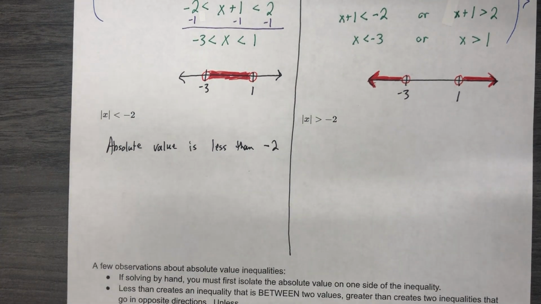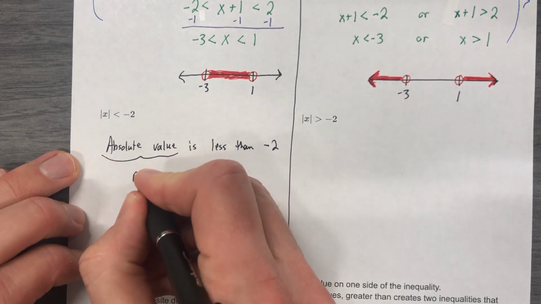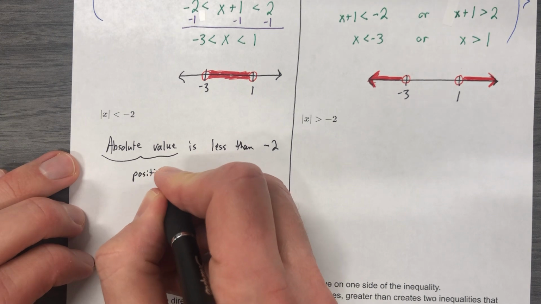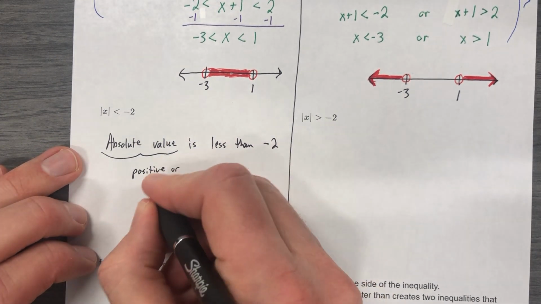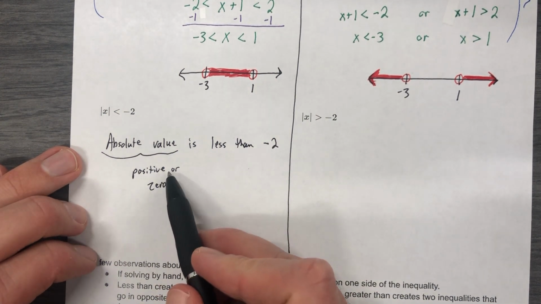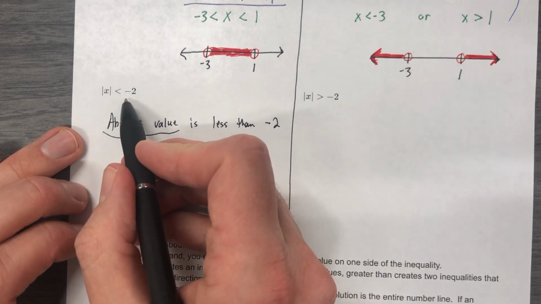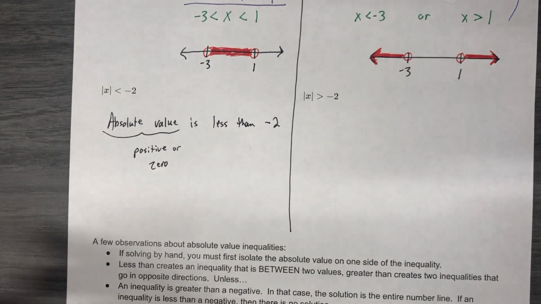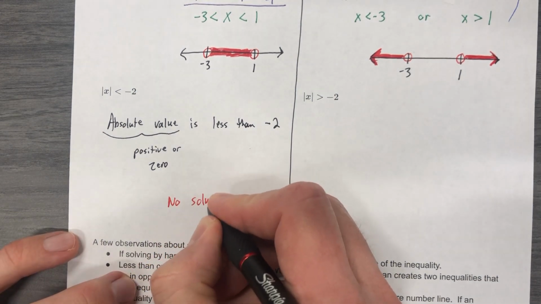Stop. Think about that. Absolute value is always positive or 0. It could be 0. But either way, positive or 0, never going to be less than negative 2. This is a false statement. So without even doing any work at all, we know that there is no solution.